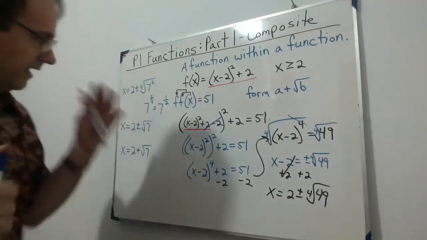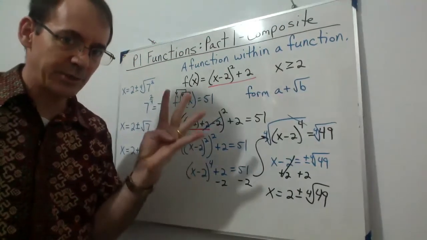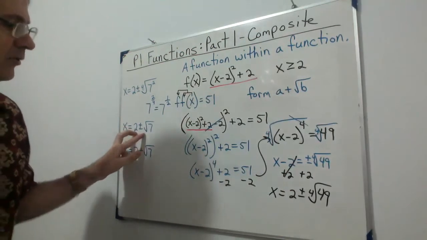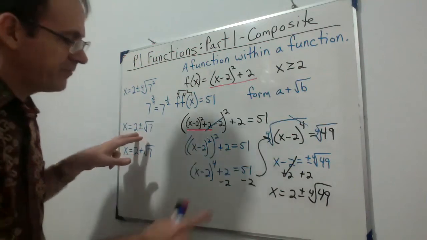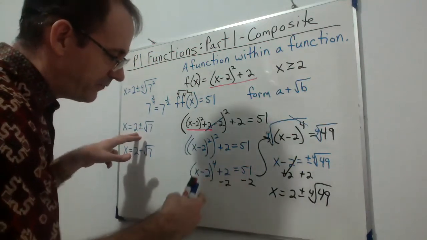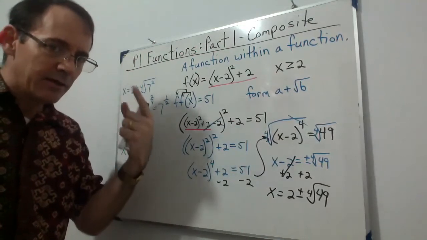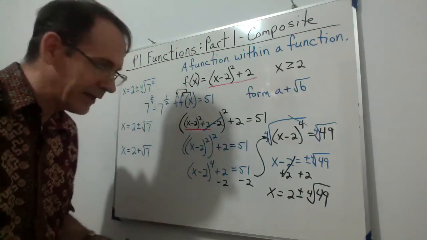So let's see if this makes sense. We have a fourth power equation, which means we should have 4 answers. Why do we have 2 answers? Well, most likely this would have been if you had moved the 51 the other way, just so that you can pay attention to little clues that can help you know if you're doing it right.